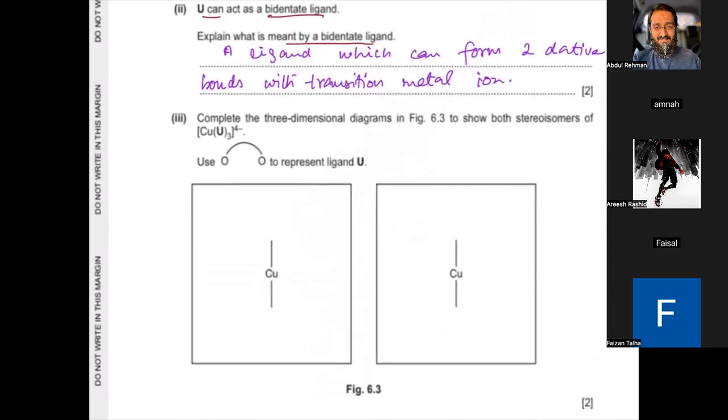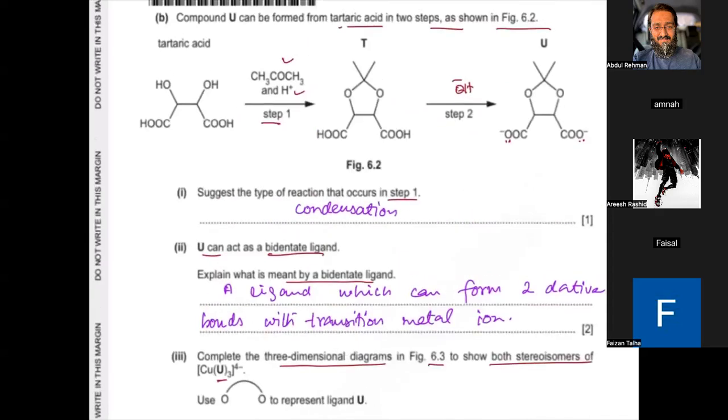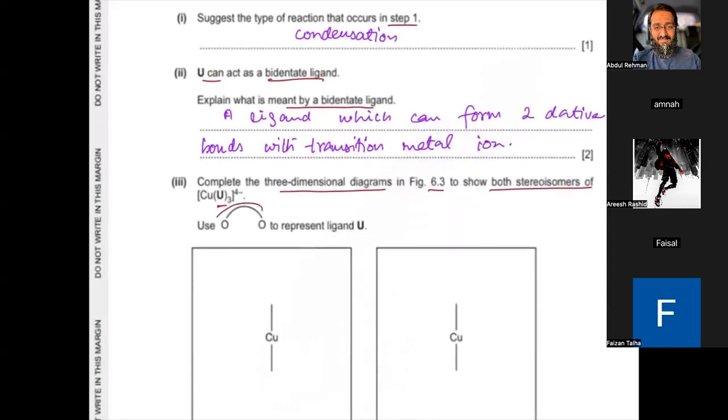Complete the three-dimensional diagram in figure 6.3. Show both stereoisomers. So they are saying that you are going to use this one, and three of these are there. So it means that the stereoisomerism over here is going to be optical. So what you are going to do?